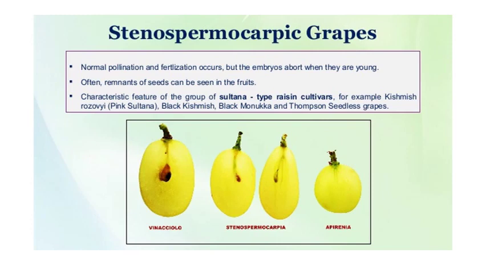This is the characteristic feature of the group of Sultana type raisin cultivars, for example Kishmish, Rosobi, whose common name is pink sultana, black kishmish, black manuka, and Thompson seedless grapes, which are examples of stenospermocarpic fruits.